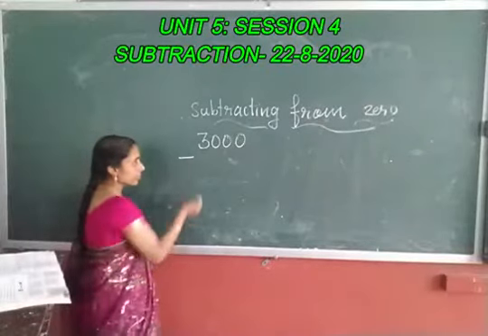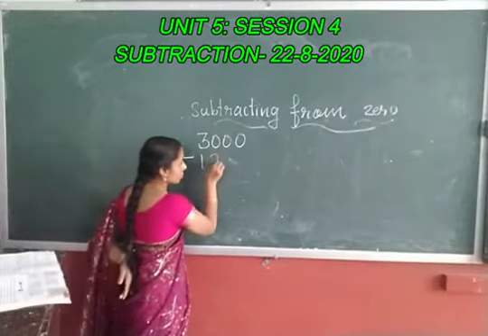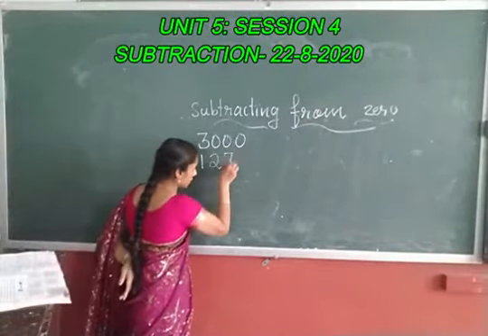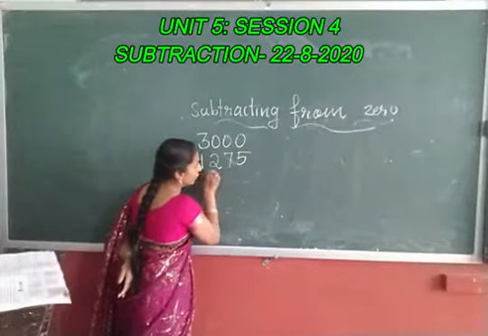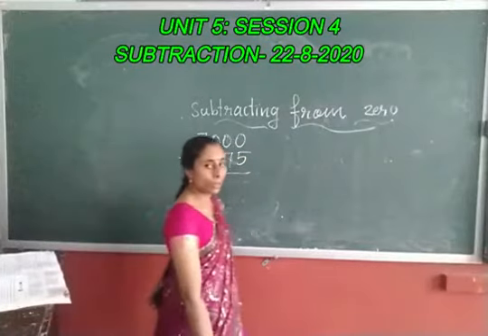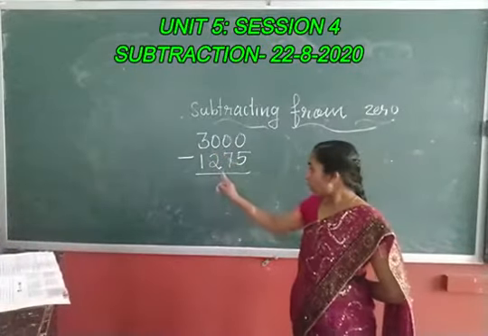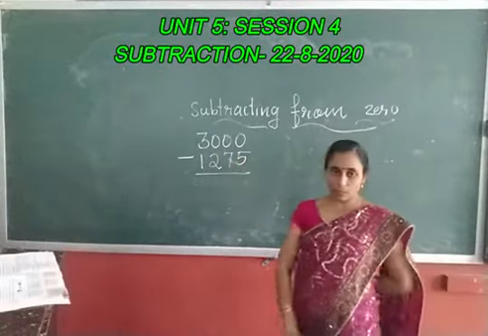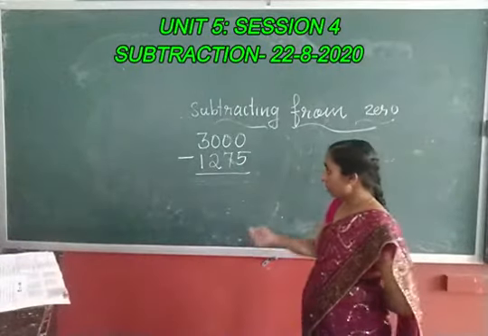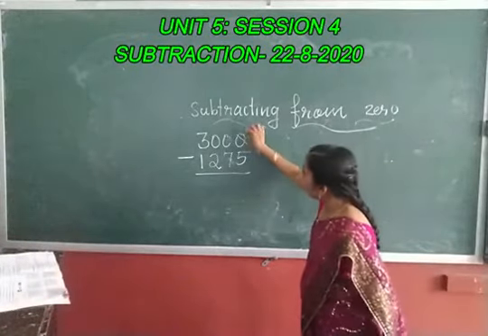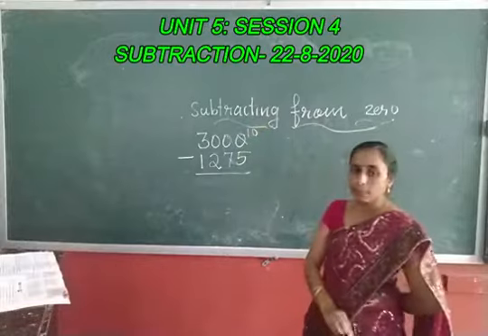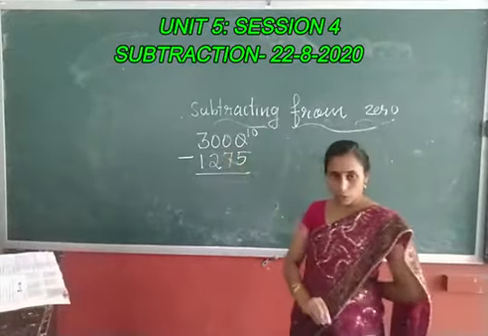3000 minus 1275. What I said? This 0 cancel, then you write 10. And next 2 zeros are there.